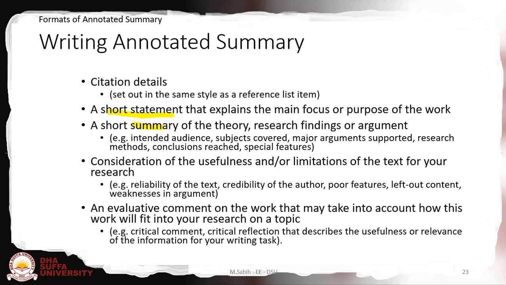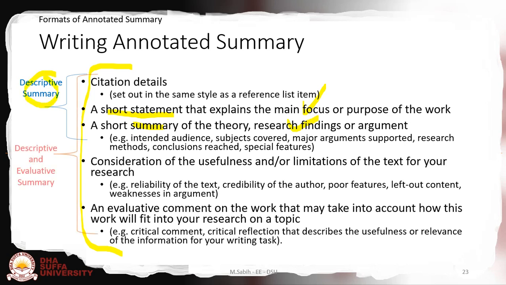So these are all when you are reading any sort of work. These are all the possible ways in which you can make a small summary. If you utilize only the citation details, the short statement which explains the main focus or the purpose of the work, and you just describe the main findings, this will be only a descriptive summary. You don't evaluate.